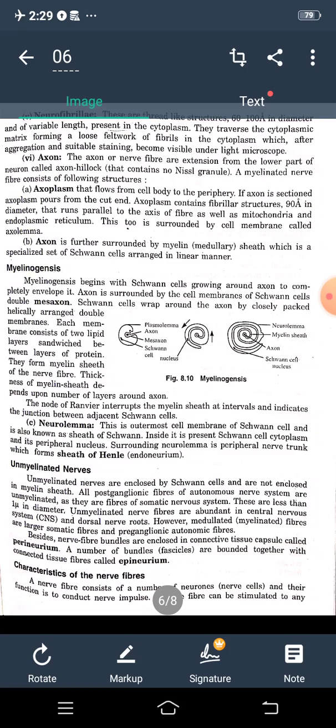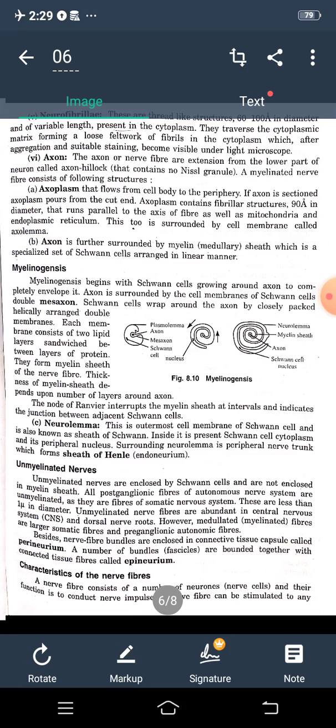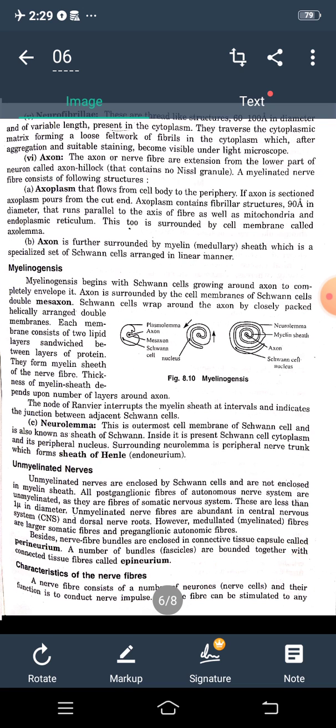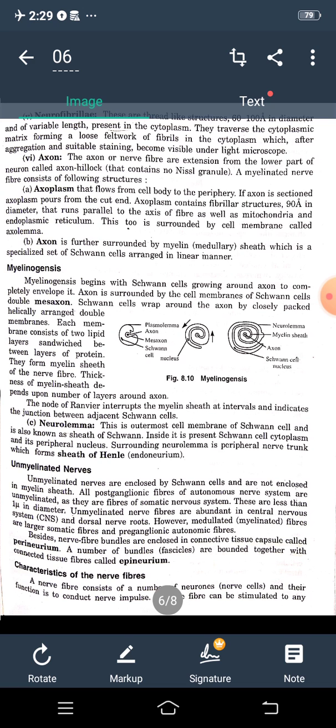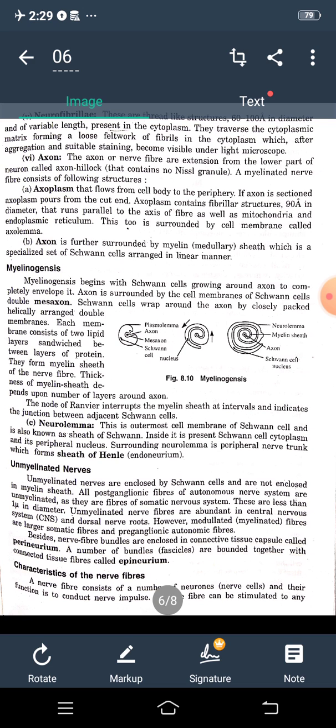Myelinogenesis begins with Schwann cells growing around the axon to completely envelop it. The axon is surrounded by the cell membrane of Schwann cells, forming a double mesaxon. Each membrane consists of two lipid layers sandwiched between layers of protein. They form the myelin sheath of the nerve fiber. The thickness of myelin depends upon the number of layers around the axon.